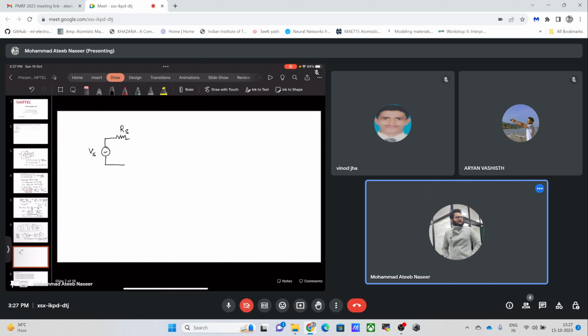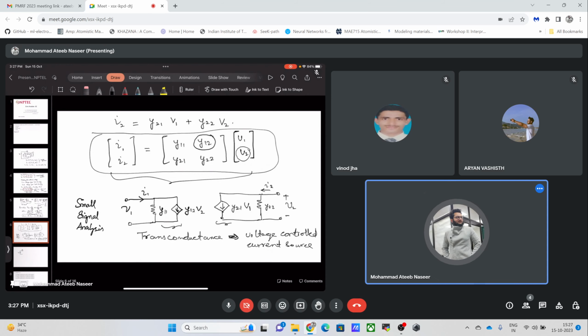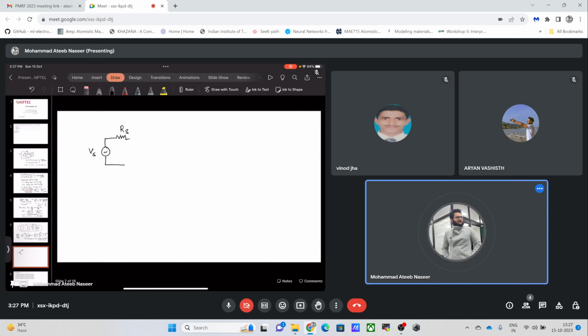Now I connect it with this model, this Rs and Vs, and I connect some load at the output. So I have connected this Rs at the input.